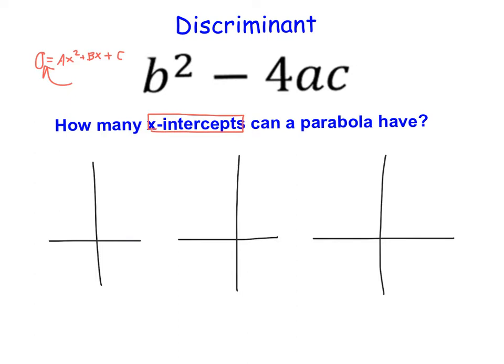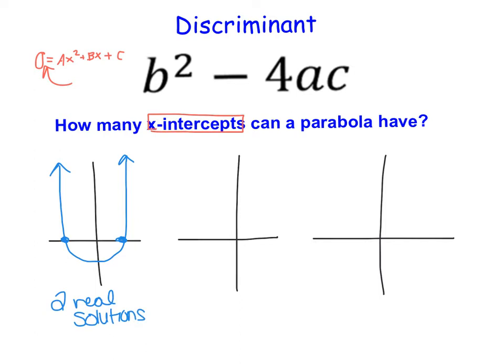So we have three different scenarios that are going to take place. One is that our parabola is going to come through, and it's going to hit the x-axis at two very clear and obvious points. So when it hits the x-axis at two clear points, we can see that we have two x-intercepts, and we therefore have two real solutions.